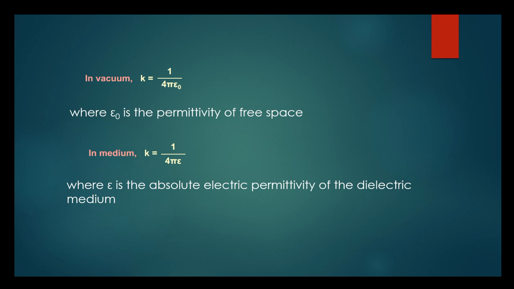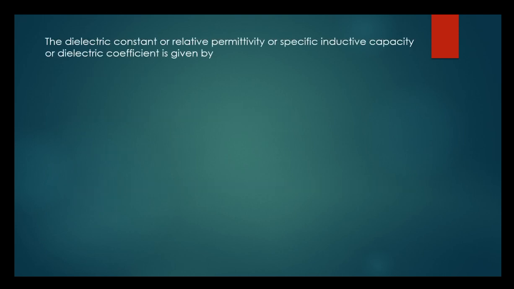In medium we write K as equals to 1 by 4 pi epsilon, where epsilon is absolute electric permittivity of the dielectric medium in which the two charges are kept. So we understood the value of K depends on the medium in which the two charges have been kept. If they are kept in vacuum, K is equals to 1 by 4 pi epsilon naught. If they are kept in some other medium, K equals to 1 by 4 pi epsilon.